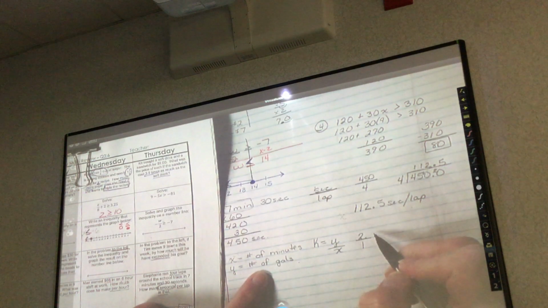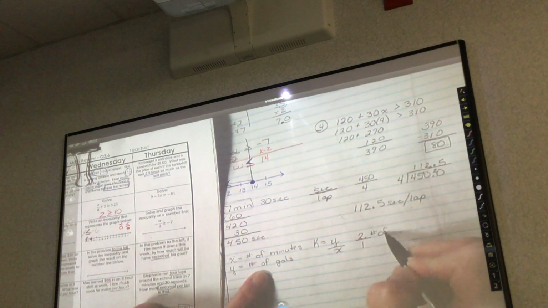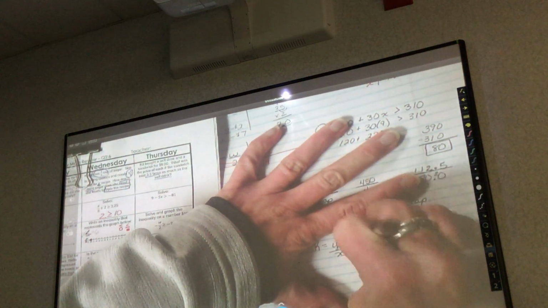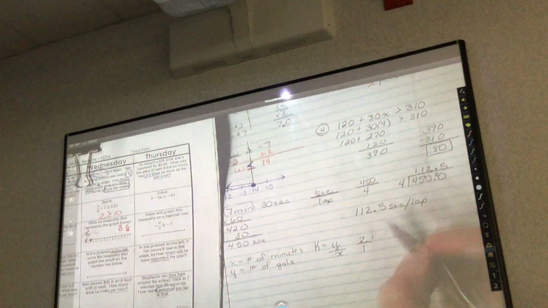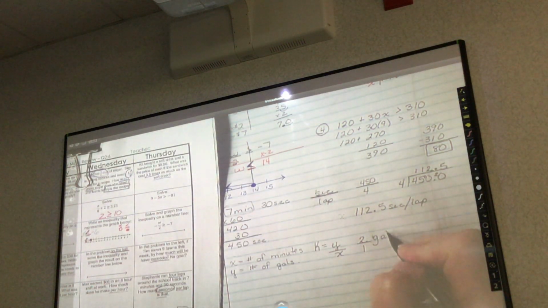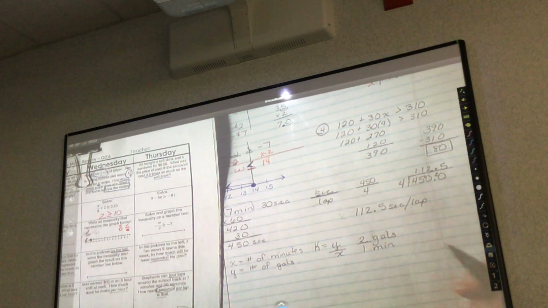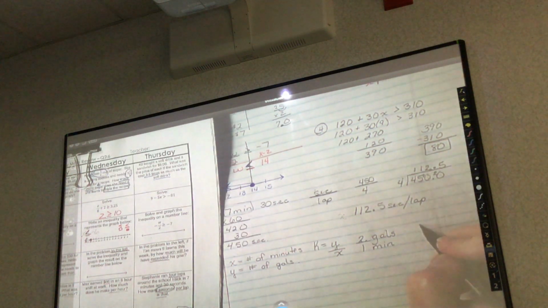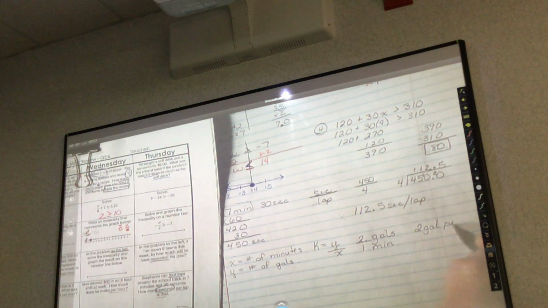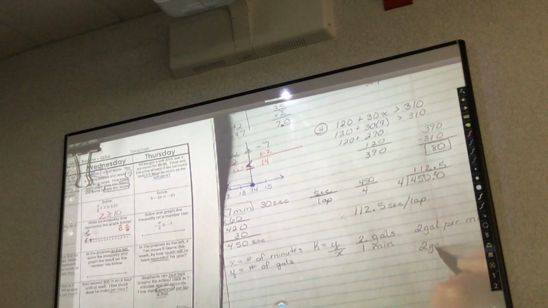Y is the number of gallons. I'm going to say for 2 gallons, it takes 1 minute. So to explain this, it is 2 gallons per minute.